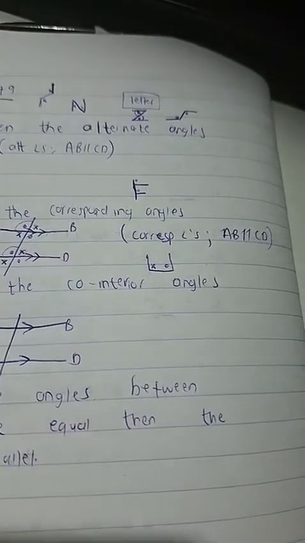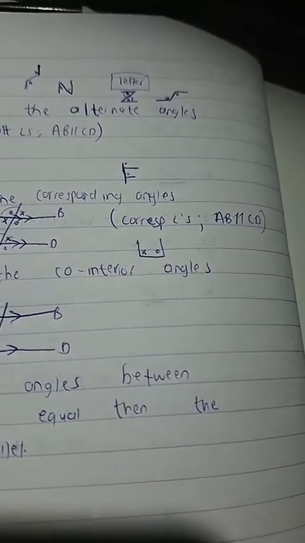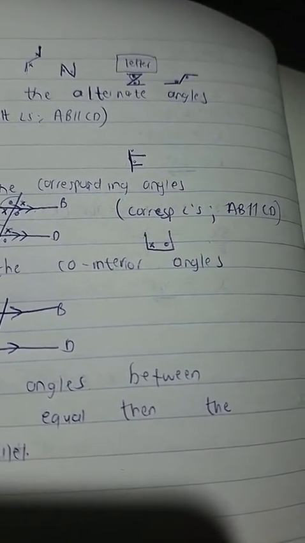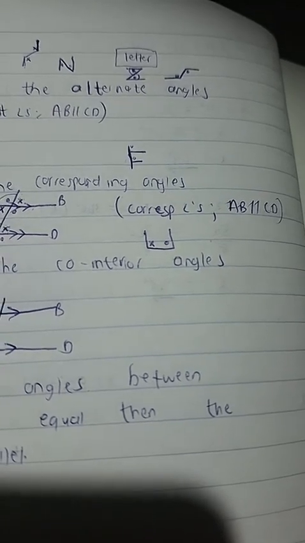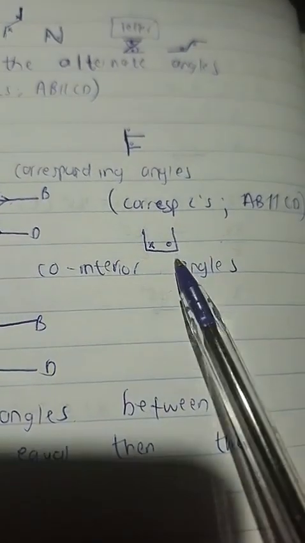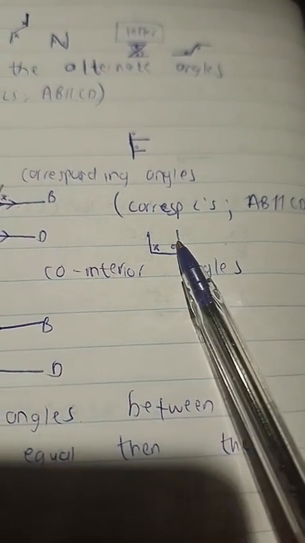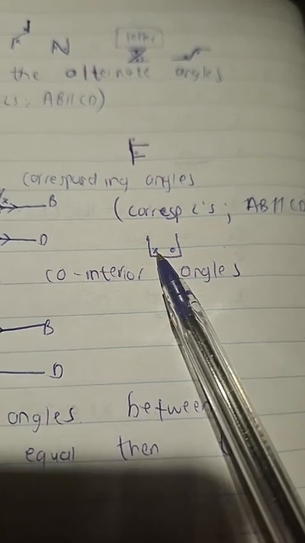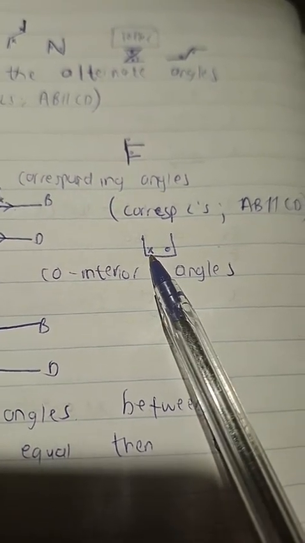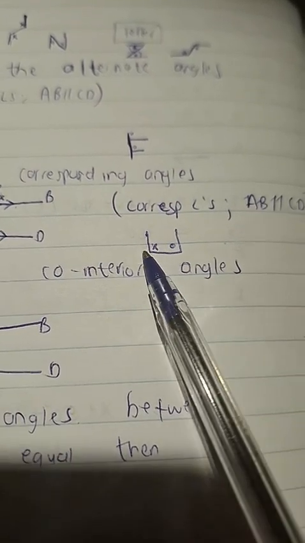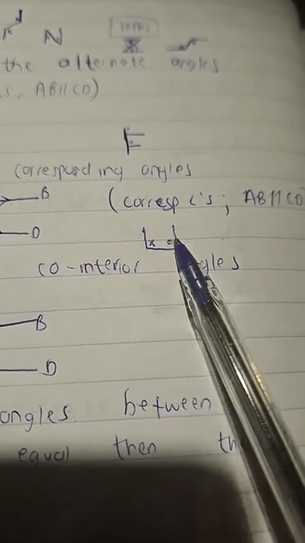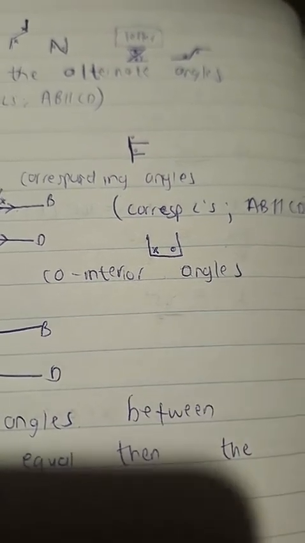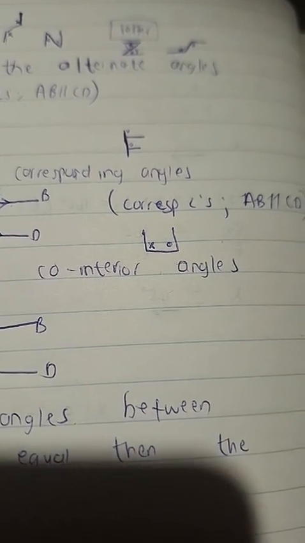If you extend your arms forward in a parallel position, you see where your armpits are? Depending on whether you've washed today or not, your armpits most probably stink like crazy, or they are pleasant to be smelled. These two angles, I call them your armpit angles. Co-interior angles, I refer to them as the armpit angles.